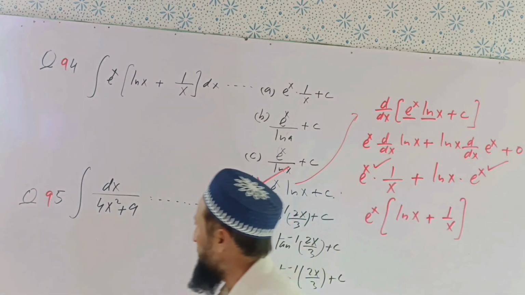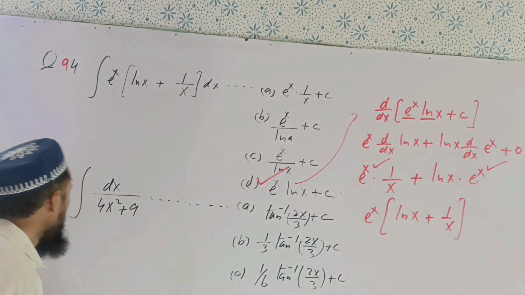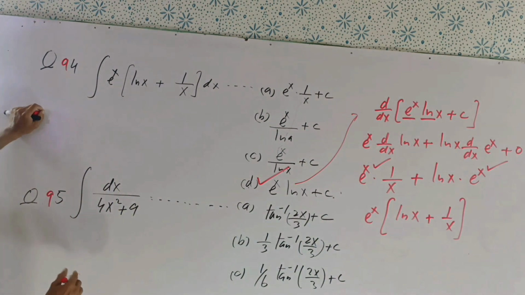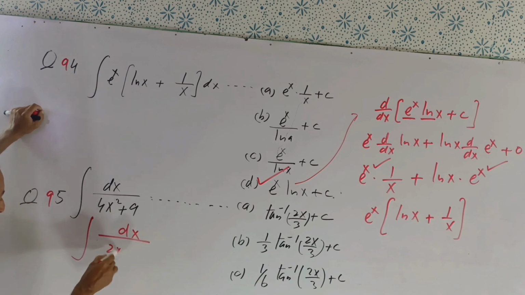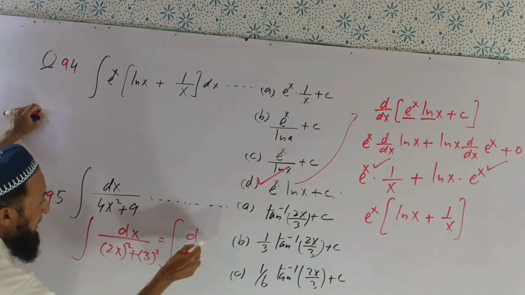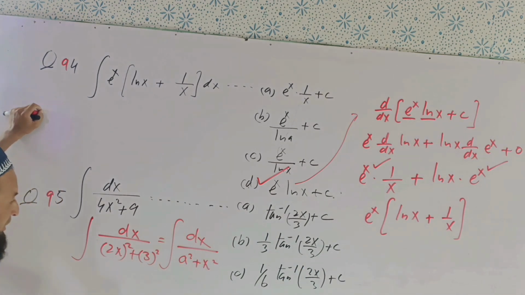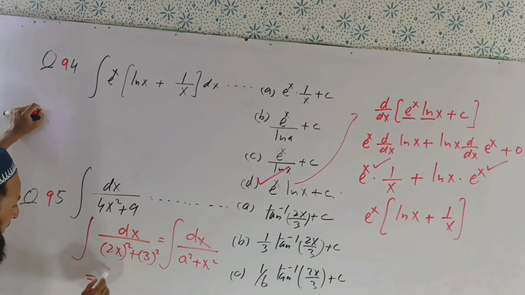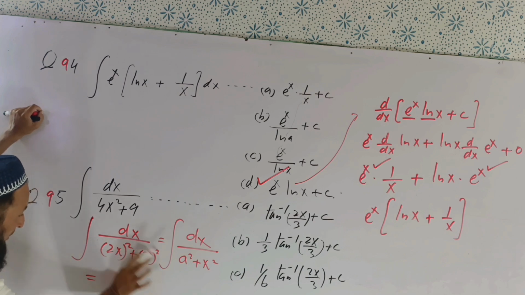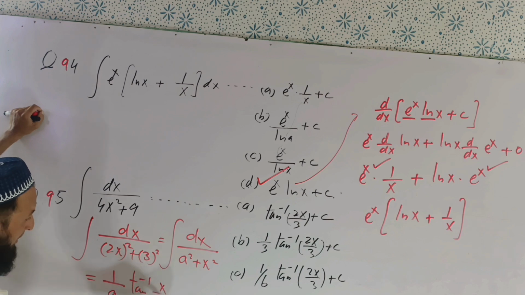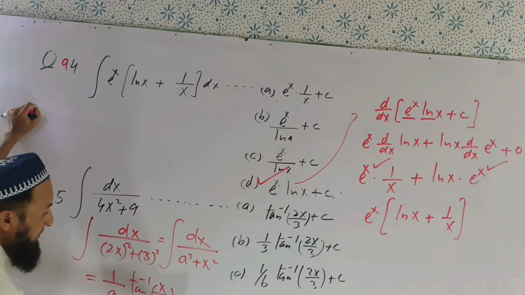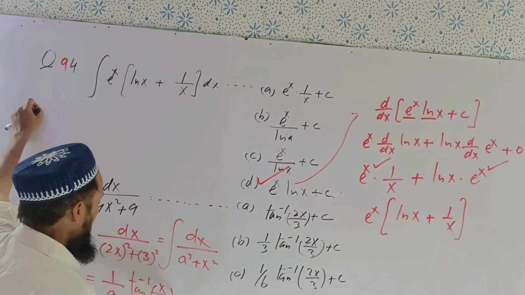Now the next question, question number 94: integration of dx divided by 4x square plus 9. According to the formula, first of all we simplify this term: we can write (2x) whole square plus 3 square. The formula is integration of dx divided by a square plus x square, which equals 1 over a tangent inverse of x by a, plus c.